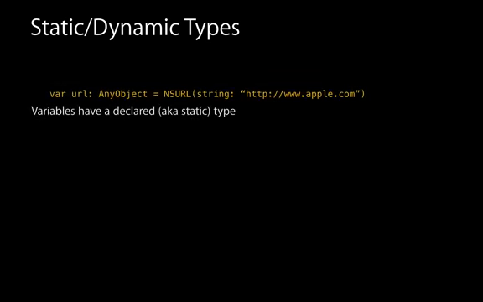We've all done that at one point or another. One of the things we do when we declare a variable is give it a type. Whether we do it explicitly, like in C or Objective-C, or we let the Swift compiler infer that for us, we declare a variable, and that variable ends up having a type.